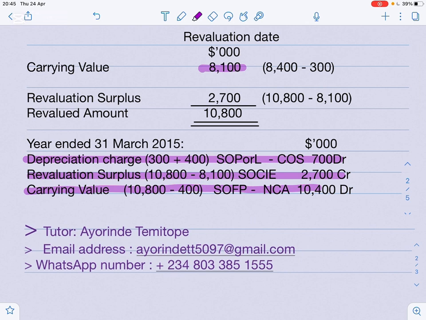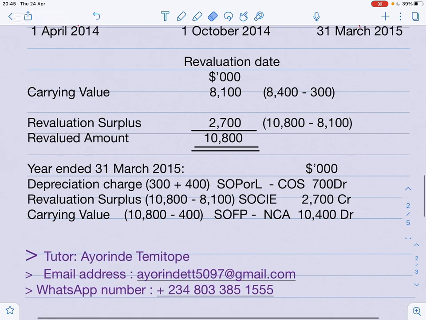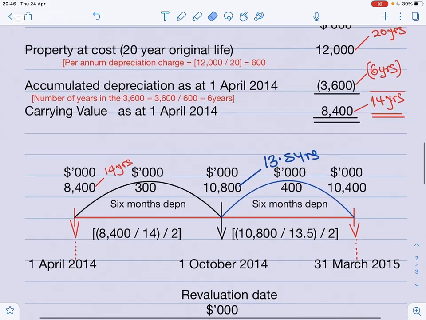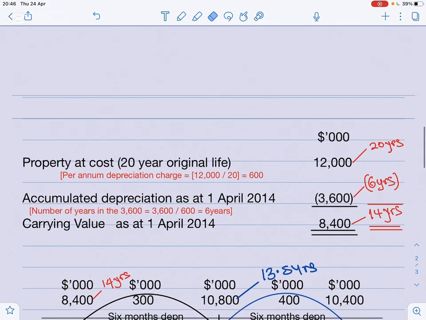Okay, so whoever is going to get this right must have some knowledge of how to account for depreciation and the knowledge of the revaluation exercise. So all of this, the examiner featured in this particular question. And it shouldn't be a problem for you if you understand the concepts of this.